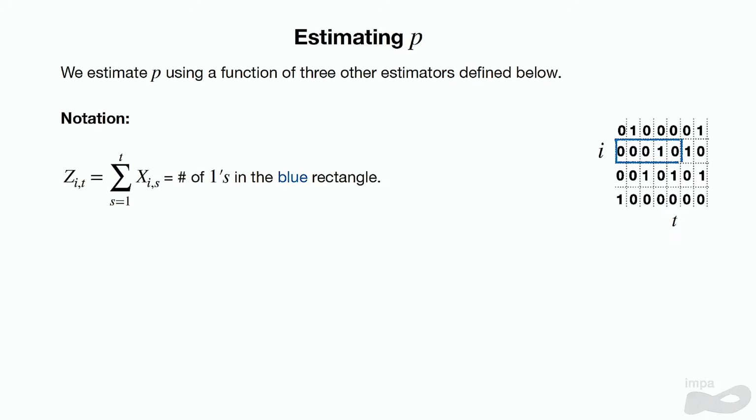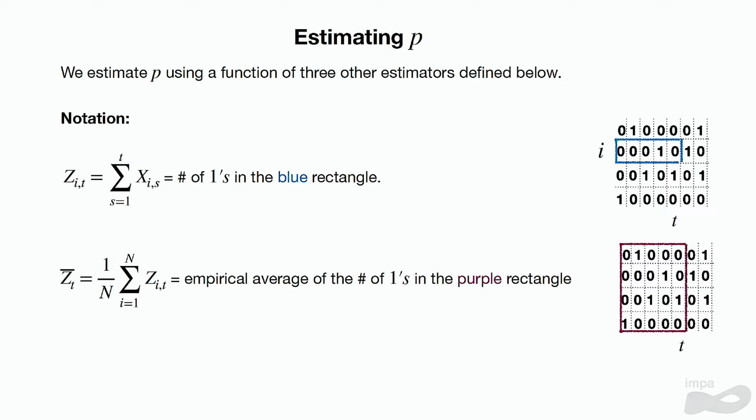So to explain the estimators, let me just introduce some notation. Z_i^t here for me is just, I'm fixing vertex i, and I'm counting how many signals, how many ones, I see from time 1 to t, okay? So in this image, if t is here, it would correspond to the number of ones in this blue rectangle, okay? And another important notation for us is this Z bar t.